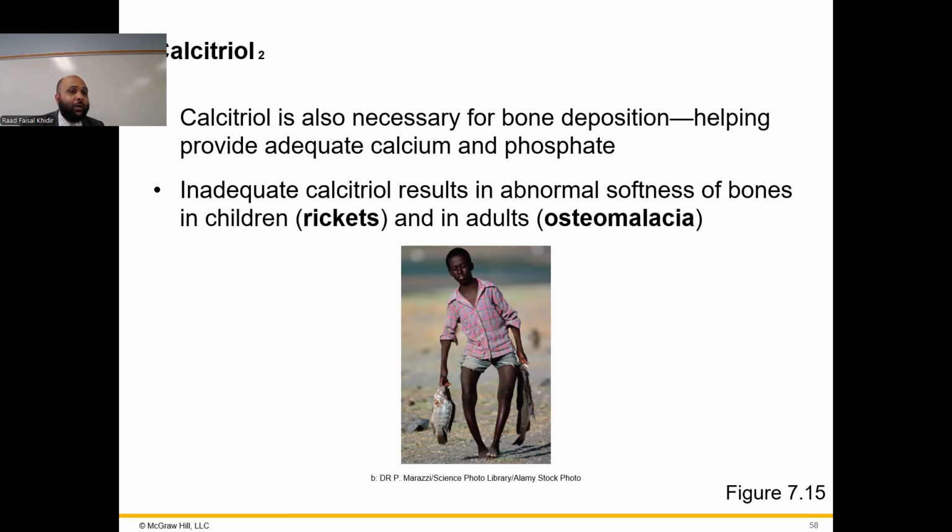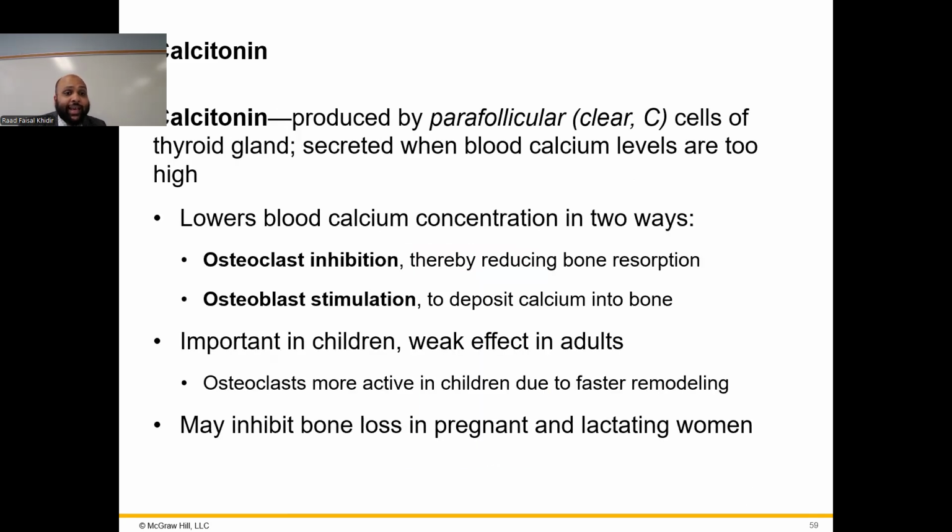That was calcitriol, vitamin D. Now there's calcitonin. That's produced by the parafollicular or the C cells of the thyroid gland. They're secreted when the blood calcium levels are too high. They lower the blood calcium concentration by two ways.